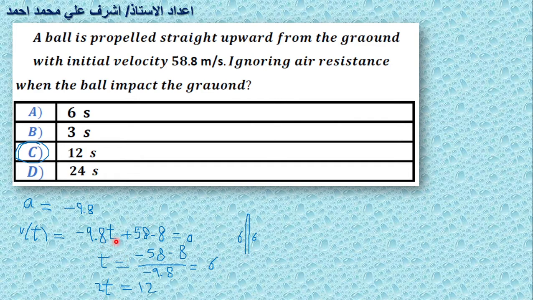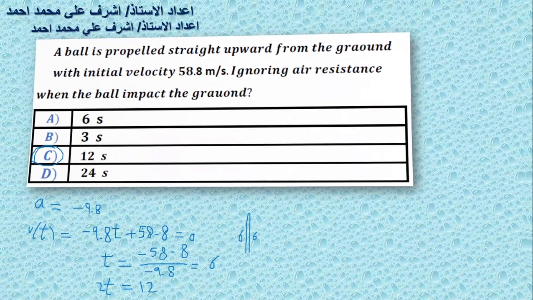So we solve for t. t equals negative 58.8 divided by negative 9.8, equals 6. So it takes 6 seconds up and 6 seconds down. So the trip completely takes 12 seconds. So our right choice is 12 seconds.